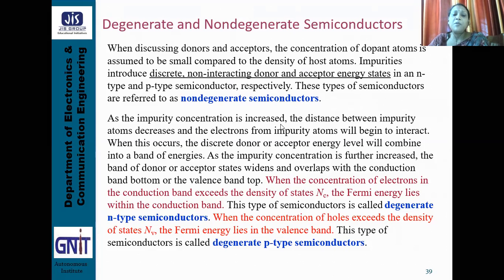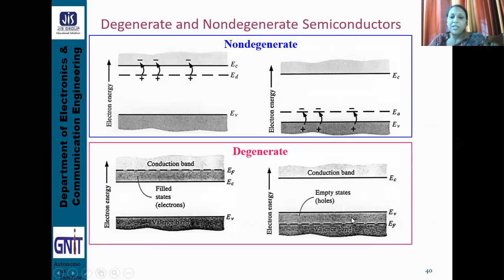But if the impurity concentration is increased and the distance between impurity atoms decreases, the electrons from impurity atoms will begin to interact. And what is happening? The energy level goes up for an n-type semiconductor and penetrates into the conduction band, and the Fermi energy level comes into the valence band for a p-type semiconductor.